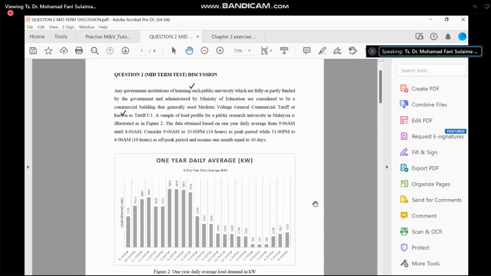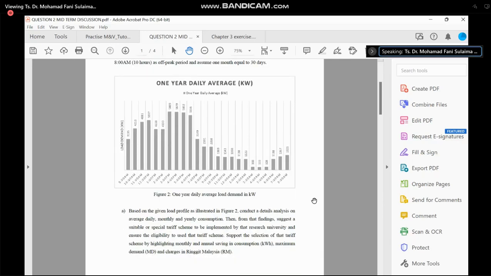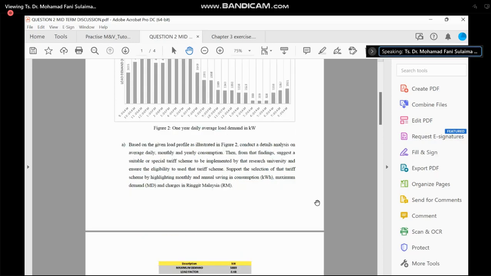You need to get the idea: for the first one, calculate the daily energy consumption, peak and off peak, and you need to come up with the total energy consumption for daily, monthly, and yearly consumption.